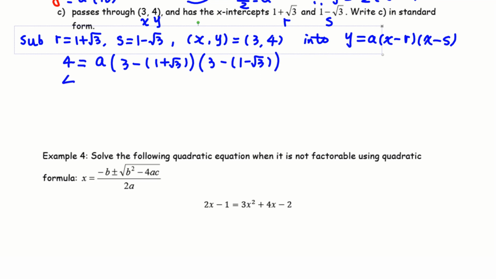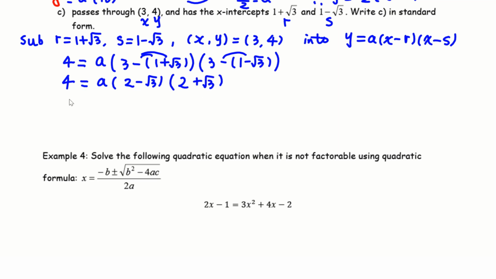Then simplify: we are going to have a times (3 minus 1 is 2, minus square root 3), so negative times each term. Then the other one is 3 minus 1 is 2, minus a minus is plus square root 3. Then here we need to use a difference of squares: (a minus b)(a plus b) gives you a squared minus b squared.